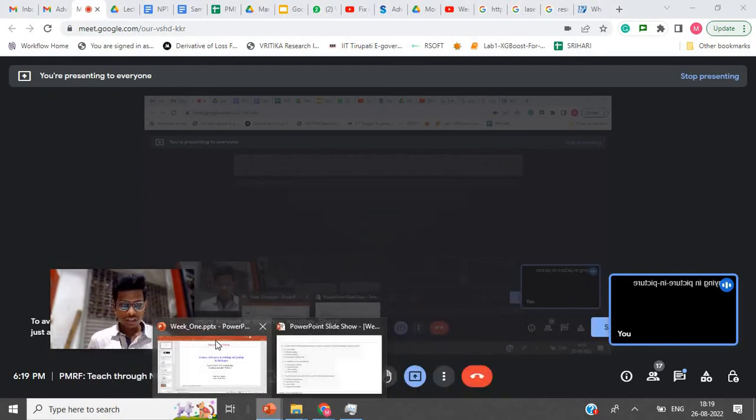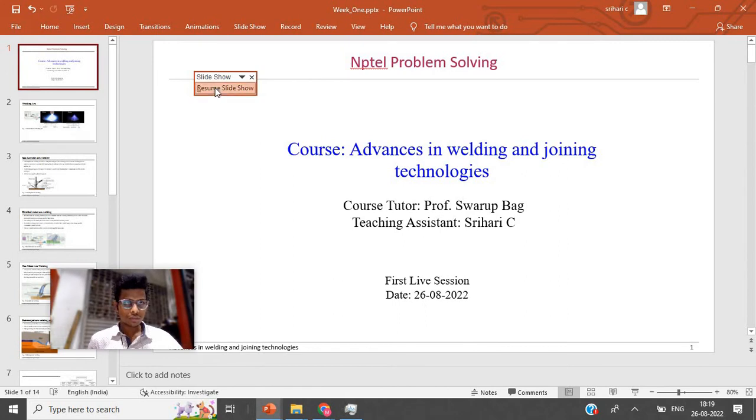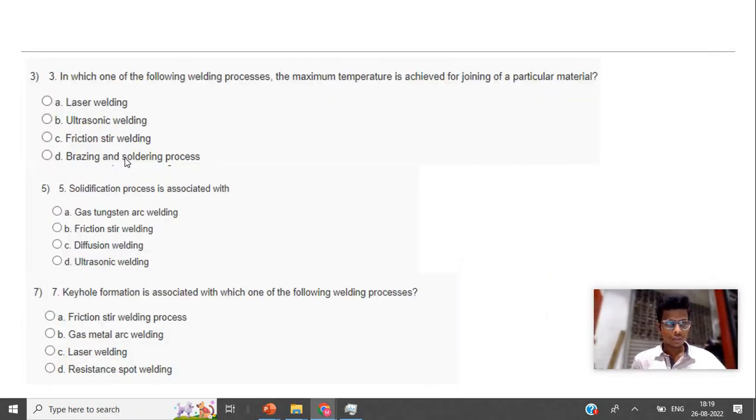Actually, the answer is laser welding, because laser welding is a high energy beam welding where the energy is concentrated at a particular point. So the temperature achieved at that point will be more than in the other welding processes, whether it is friction stir or ultrasonic welding, because these come under solid state welding.